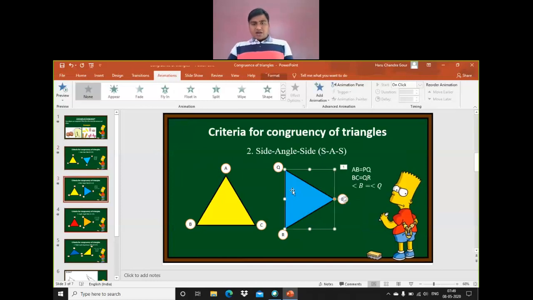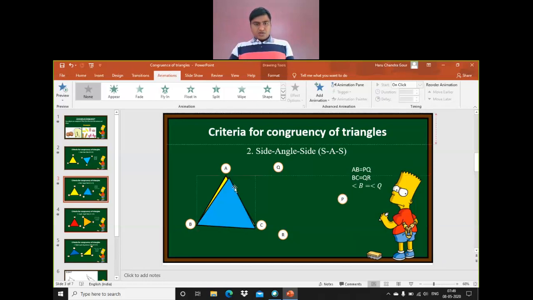Now this is a triangle PQR. Now this triangle is rotated and transformed. Now the triangle PQR is rotated and transformed to ABC.